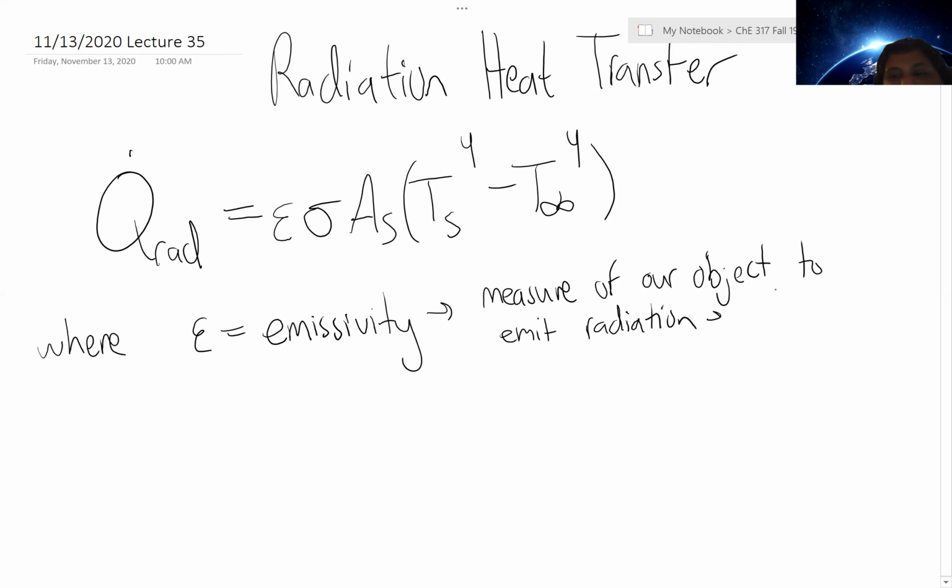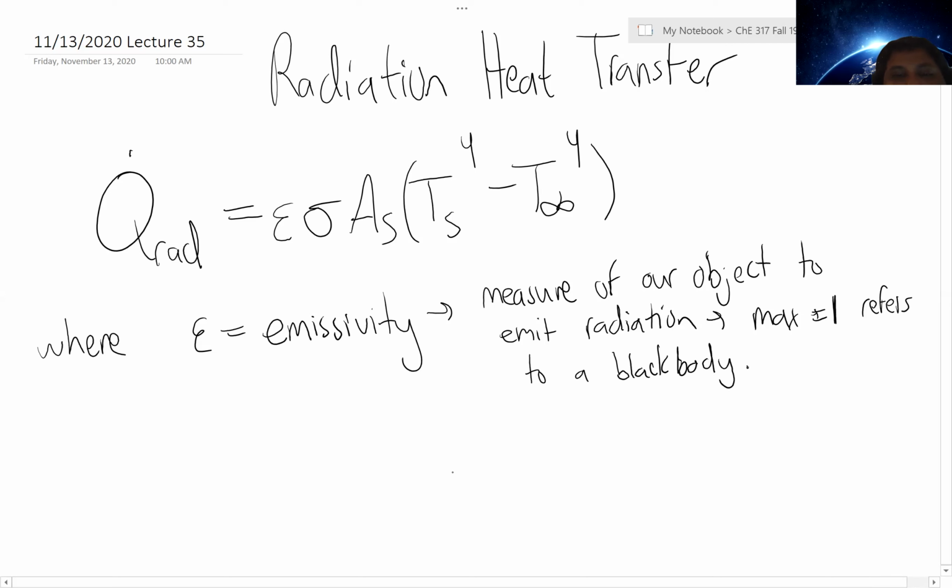The maximum is 1, which refers to a black body, which is why we have discussions over black body radiation. Sigma was our Stefan-Boltzmann constant.